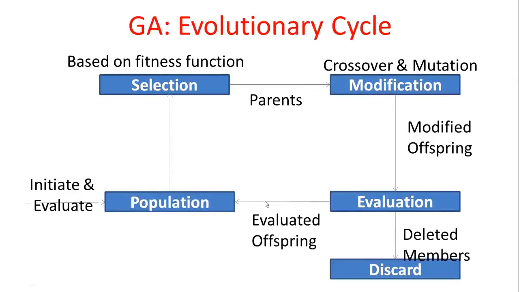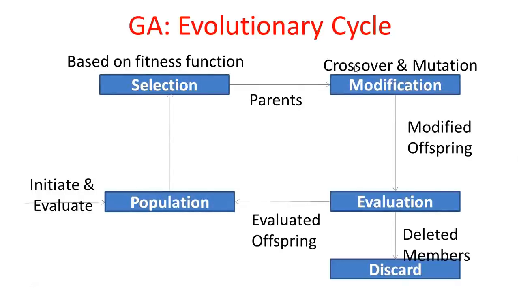This whole process repeats until some criterion is satisfied, that is, until we find the best solution. So that's how the genetic algorithm works. A very important step in the evolutionary cycle is crossover and mutation.